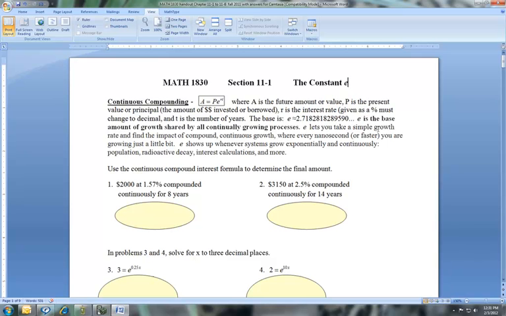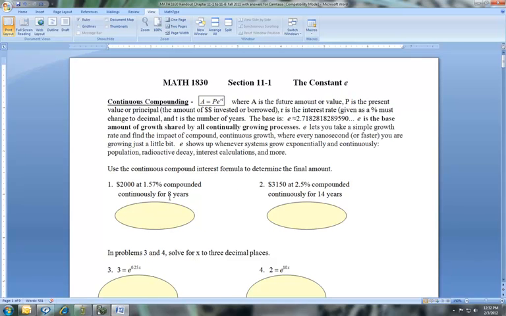It lets you take a simple growth rate, find the impact of compound, continuous growth, where every nanosecond or faster you're growing just a little bit. E shows up whenever systems grow exponentially and continuously. Normally, when you are talking about population, decay, or radioactivity, interest calculations, and more.